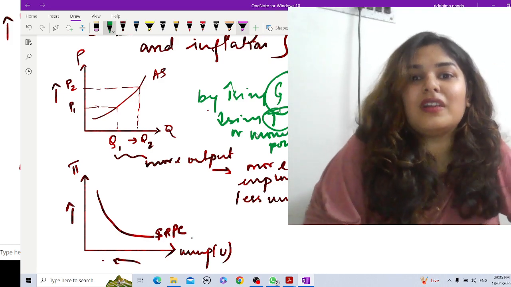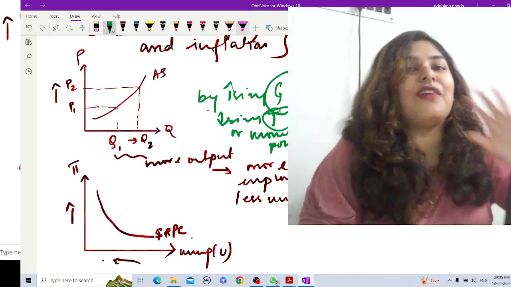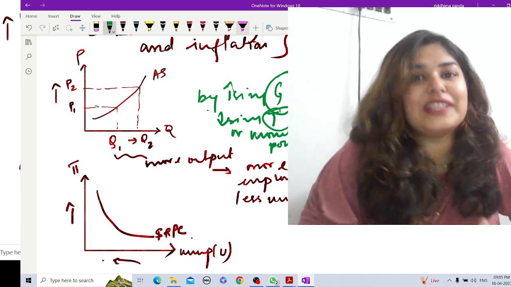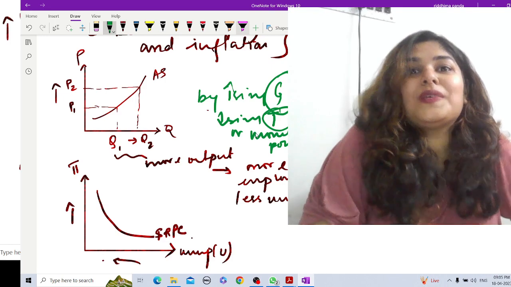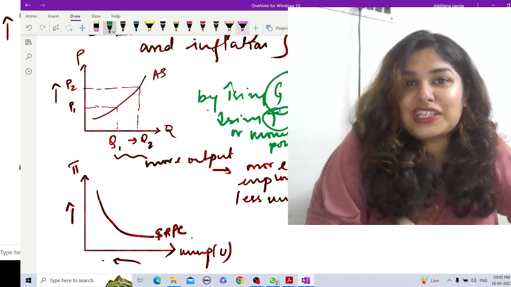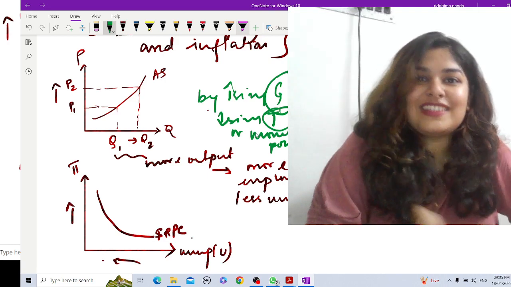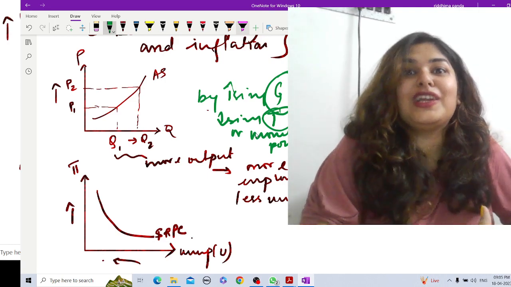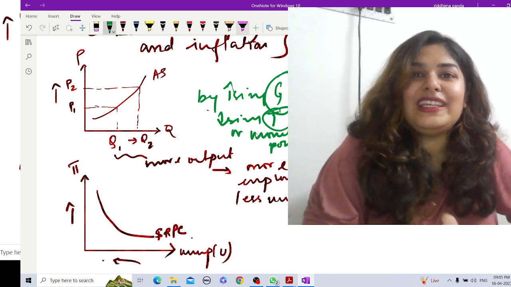In the long run, permanently reducing unemployment through government and monetary policies, that is, any fiscal and monetary policies, is not an option. Instead, the policy should be such that there is an increase in productivity, like investing in education and infrastructure, which will have a permanent effect on the economy without causing any unemployment in any short run period.